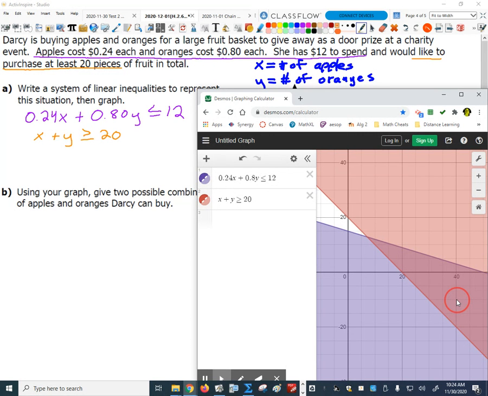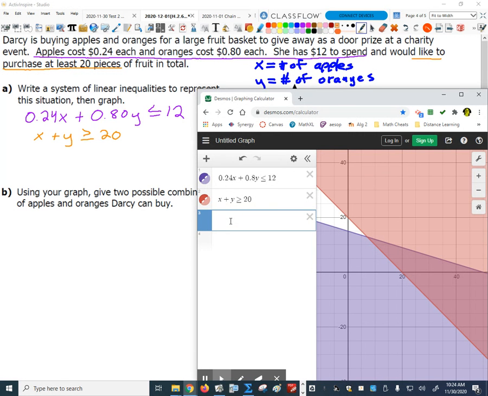You can't buy negative apples. Yeah, you can't buy a negative number of apples, can you? And you can't have a negative number of oranges either, really. So what other two inequalities could we reasonably add here that probably also should be included? How do we say that you can't buy a negative number of apples?